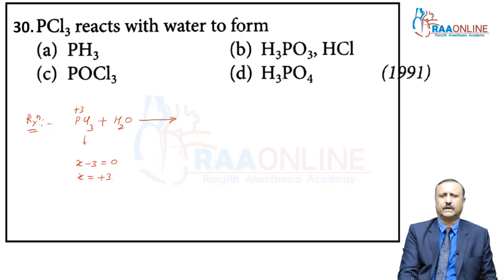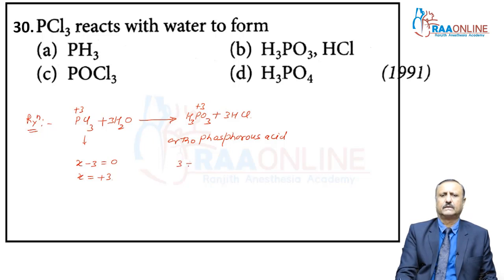When it reacts with 3 molecules of water, it forms a compound with the same oxidation number, and that is H3PO3 plus 3HCl. My dear students, this is called orthophosphorus acid, and in this orthophosphorus acid you get the +3 oxidation state.